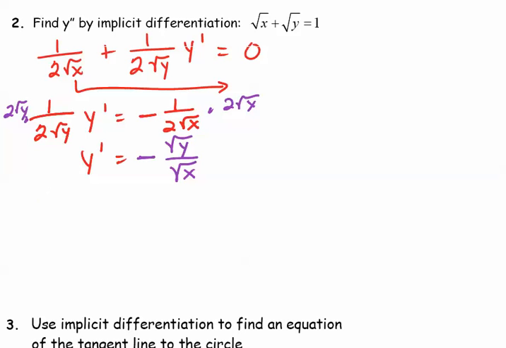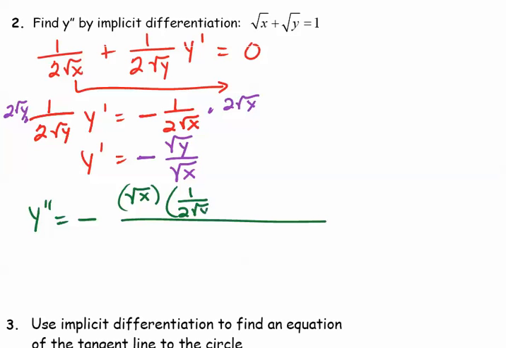Let's go to our y double prime. And once again, we've got a quotient rule. Let's keep the negative out in front. So we've got low function times derivative of the numerator. The derivative of the square root of y is 1 over 2 square root of y times y prime, the chain rule, minus, so this is our low d high, so now we want a high function and d low, the derivative of the square root of x is 1 over 2 square root of x.